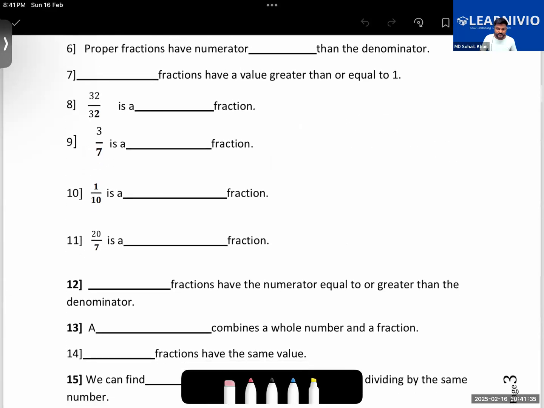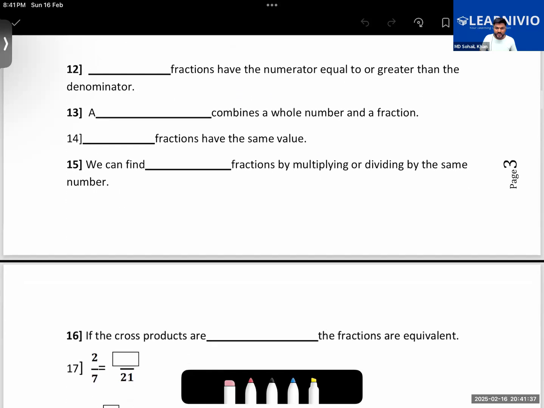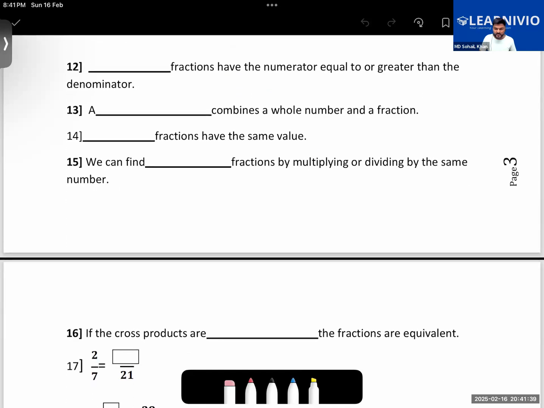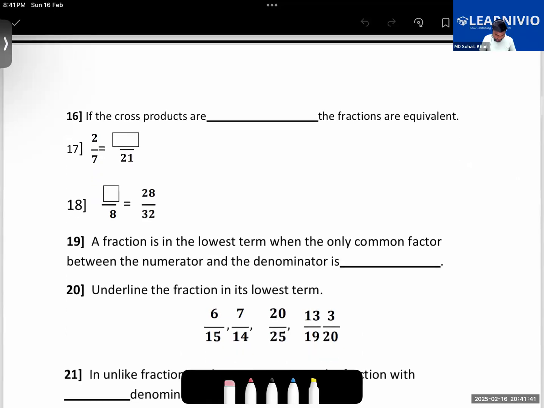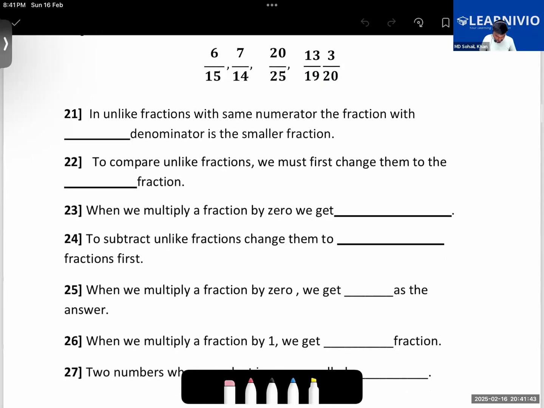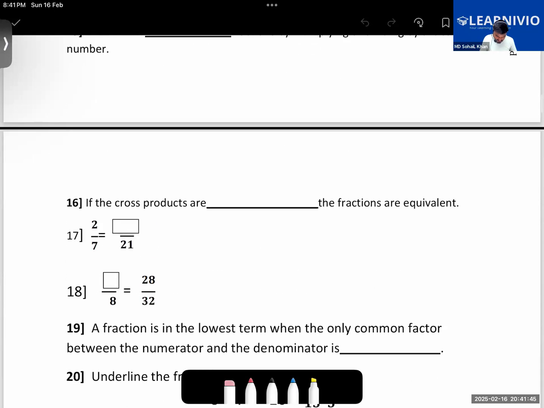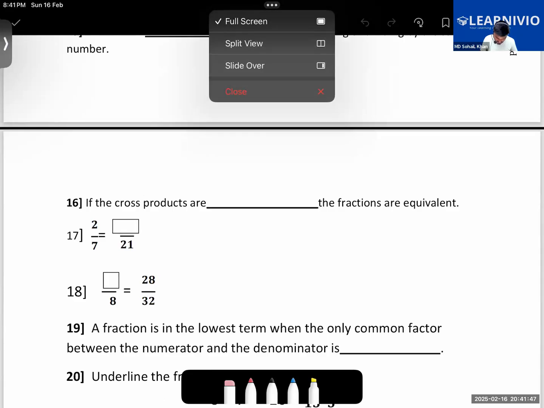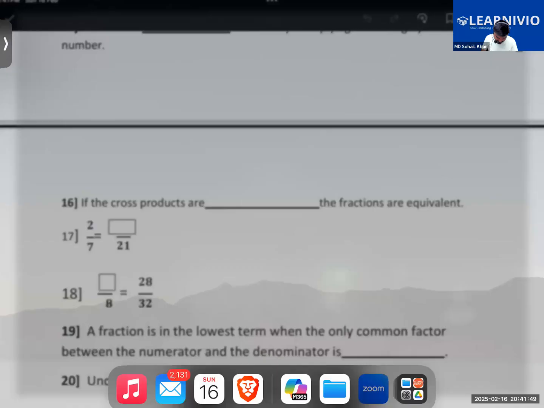So in the previous class, we had done some questions from this fraction. Hold on, I'll be resharing my screen, 1 minute.